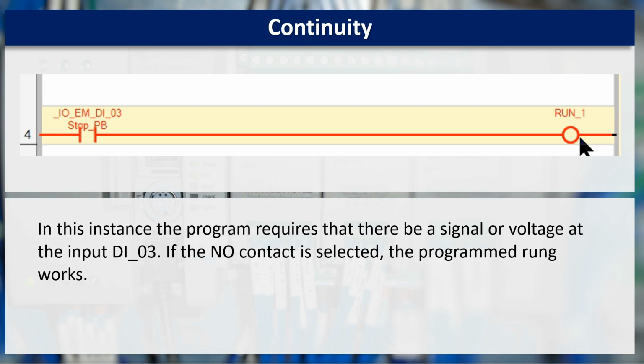This is because the instruction is saying look to see if there's a voltage. If there is a voltage at that terminal screw, then you must accept that as having logical continuity and carry on with the rest of the rung. In this case, resolve it by turning on run_1.